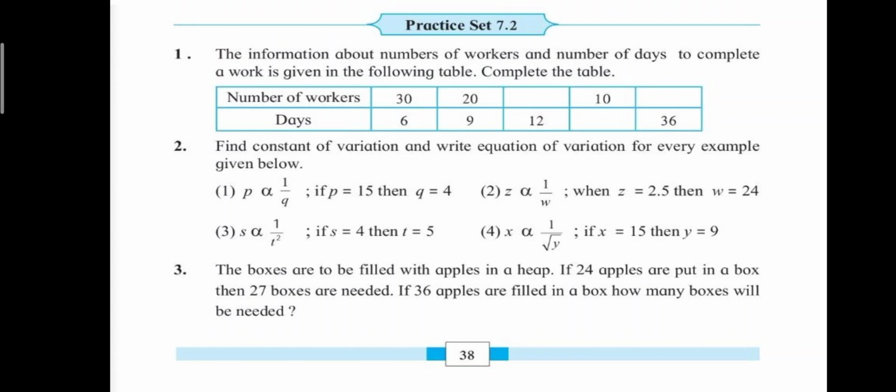So here we have to do inverse proportion. Now if 36 apples are to be filled in one box, how many such boxes do we require? So we are going to solve this sum, students.